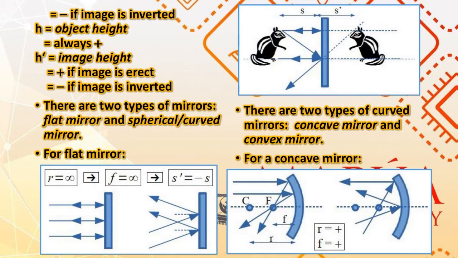For the concave mirror, the curvature is such that the radius of curvature is in front of the reflecting surface. Thus, R is positive, which means the focal length is also positive. So it doesn't matter where the object is located. For a concave mirror, automatically R and F are both positive.